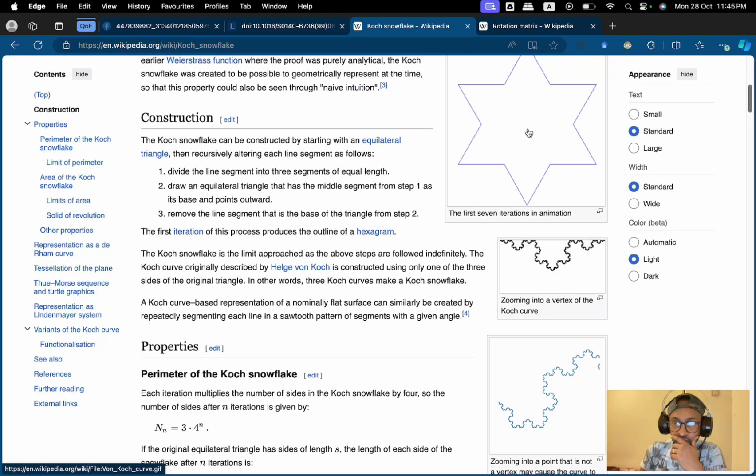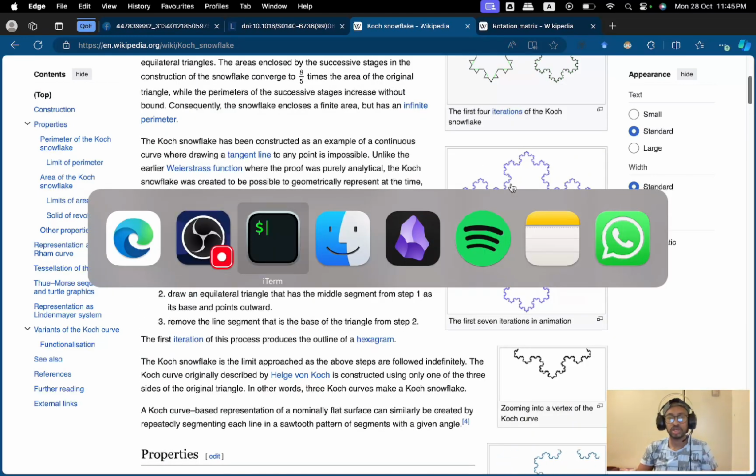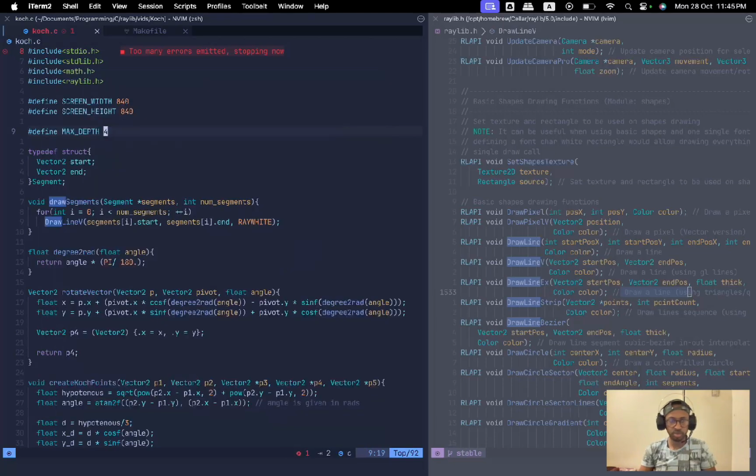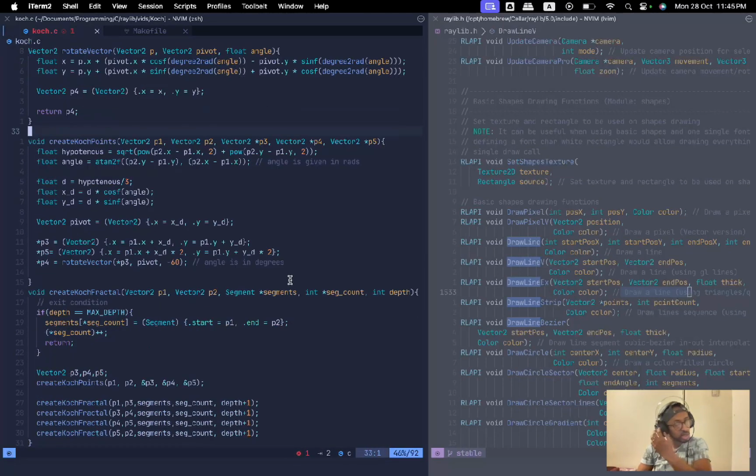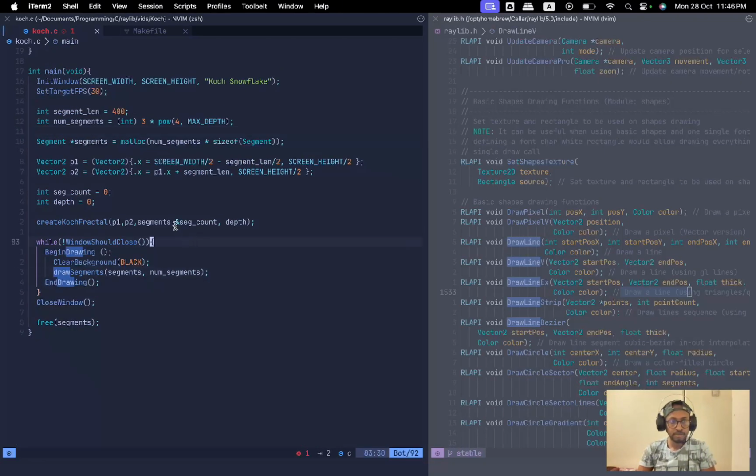I need to create an equilateral triangle as my initial shape. We have these points. Now my point is the screen width, so it's in the middle of the screen.